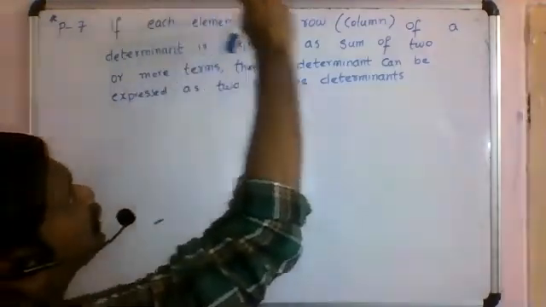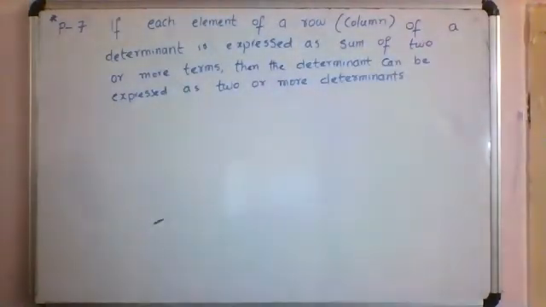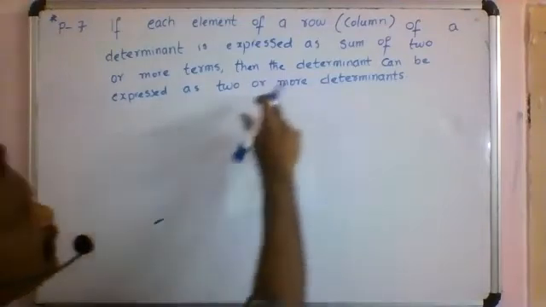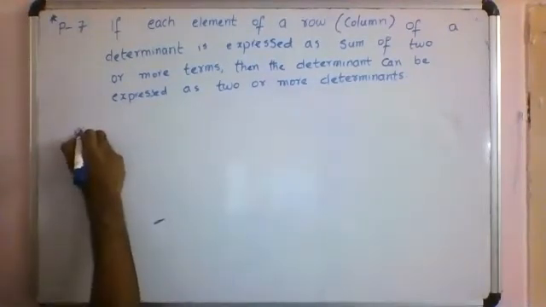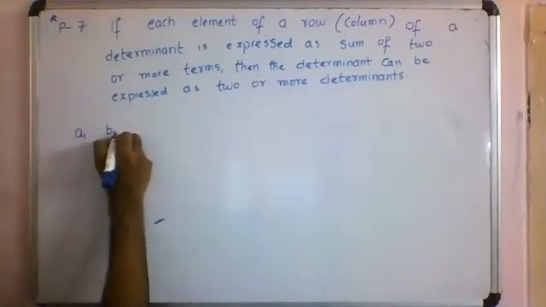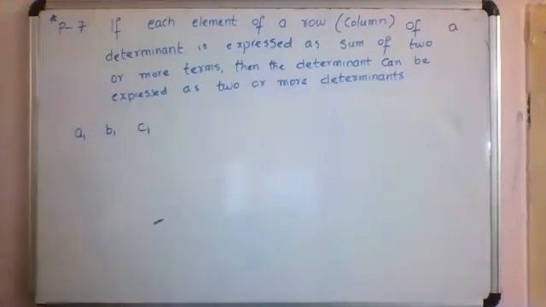Now look here. If each element of a row of a determinant is expressed as sum of two or more terms, then the determinant can be expressed as two or more determinants. What do you mean by this? I take A1, B1, C1 in the first row.